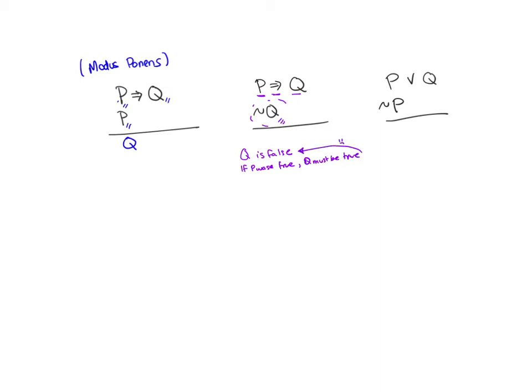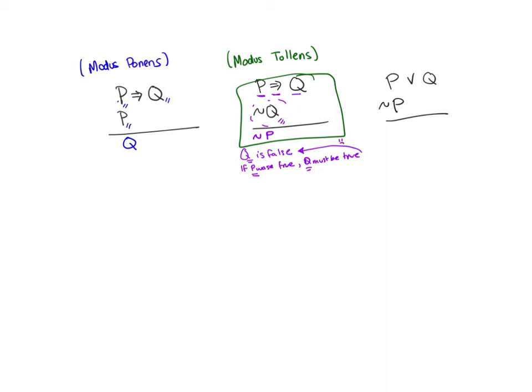So it can't be true that P is true, because then Q would have to be true, and it's not. So it must be that P is false. If I know that P implies Q, and Q isn't true, then P is also not true, or P is false. That's called modus tollens. Again, you don't really need to know these names, but maybe you like them.